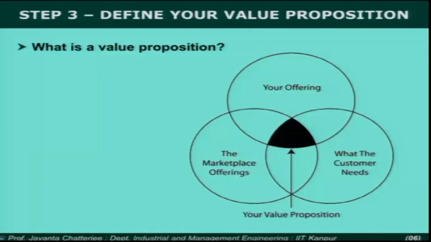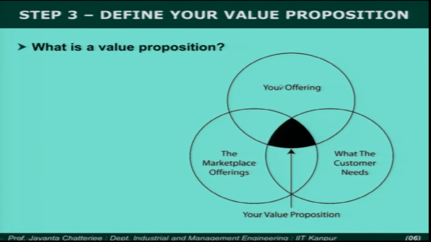And then you see, this is what we call a value proposition. That means something that you are trying to design your offering, and then on the lower left hand side you have the current marketplace offerings and what the customer needs. So, the intersection of these three, this is the Venn diagram, this is what we call the targeted value proposition.